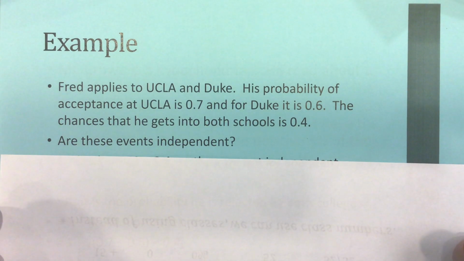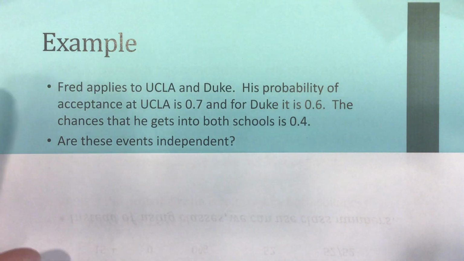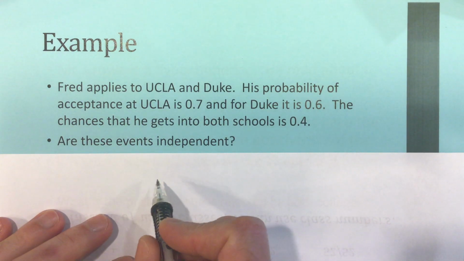Okay? It's not that the schools necessarily are talking to each other about Fred. It's simply, if you have that information, oh, he got into UCLA, would that change your guess on the chances of getting into Duke, and vice versa? Okay? So you have to test these mathematically. So let's see. Let's start with a Venn diagram.